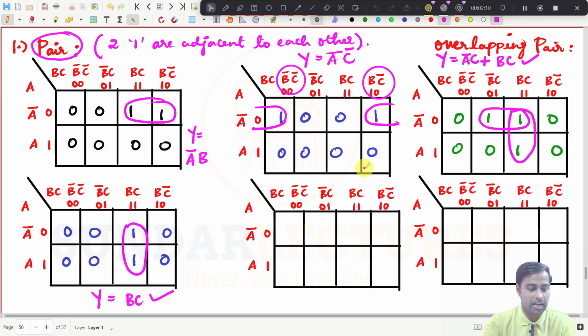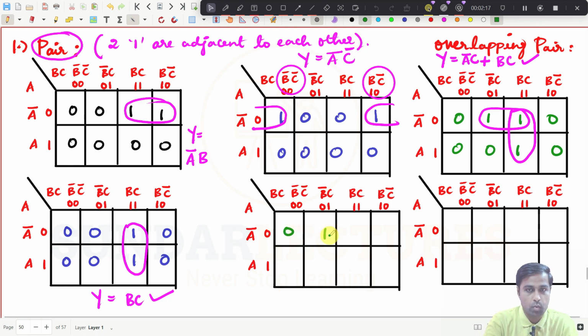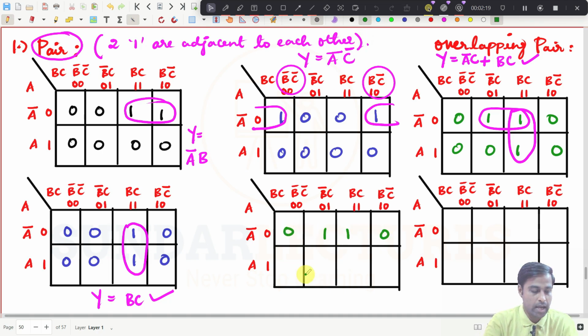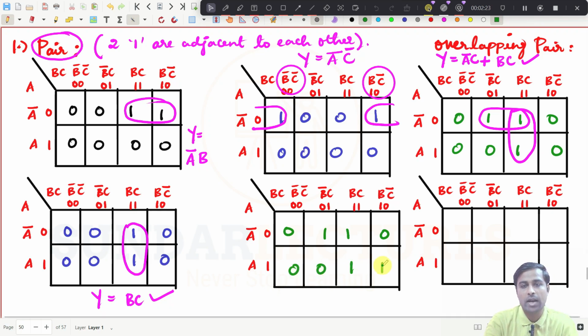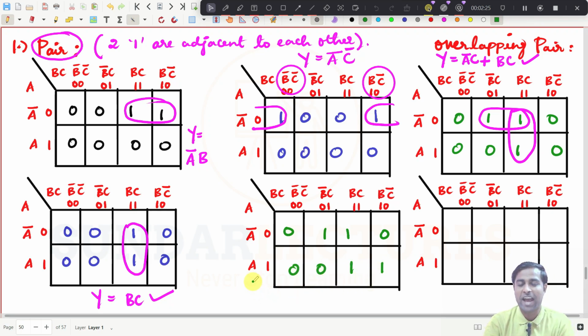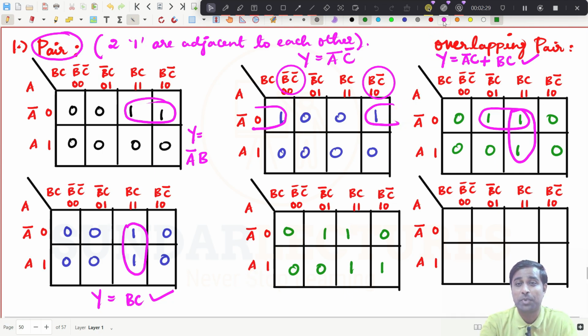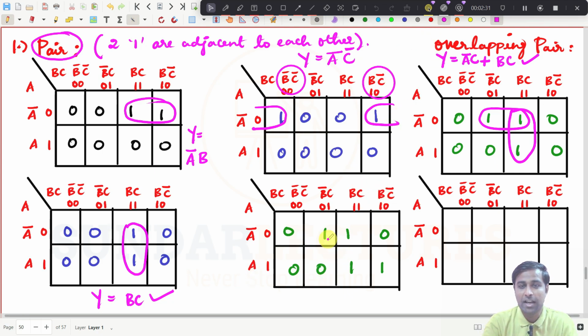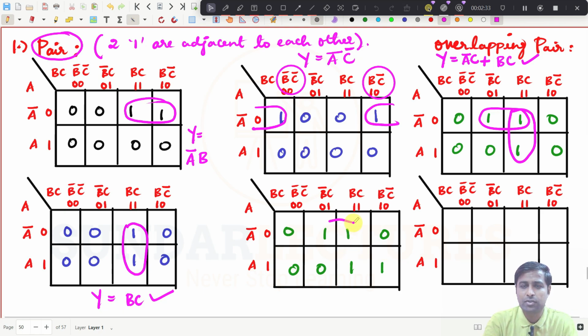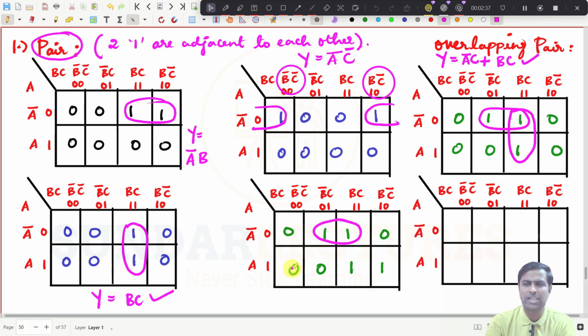As well as if I take a value like this, for example, 0 1 1 0 and 0 0 1 1. Why I am telling this one: it is very important to understand. If I see this one, these two are adjacent to each other.